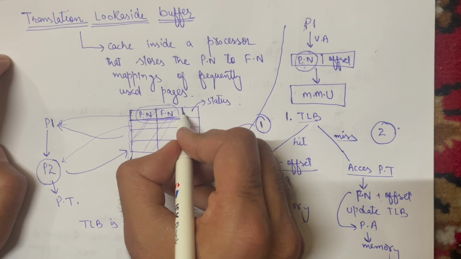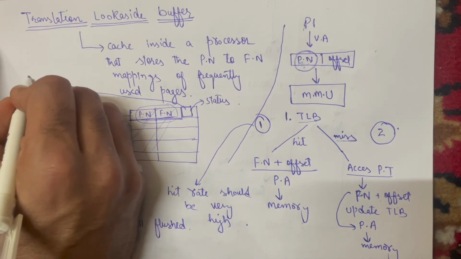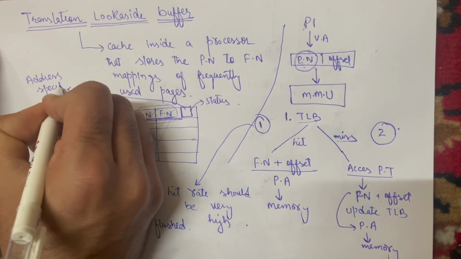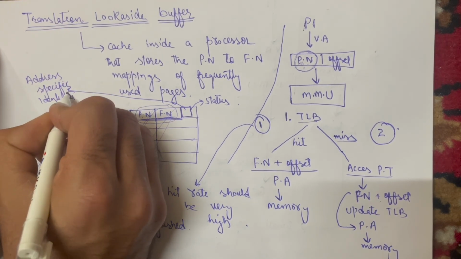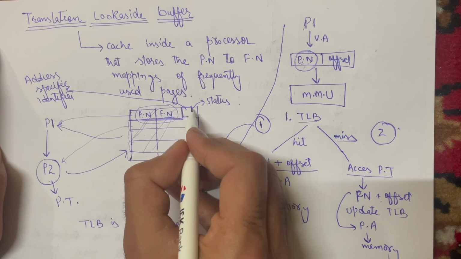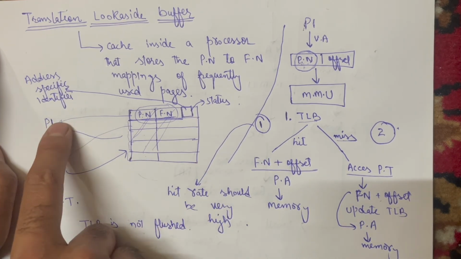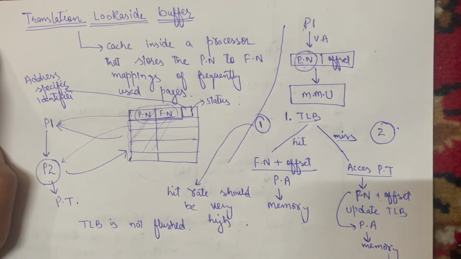So with every entry, we add another important piece of information that is called the address specific identifier. And that address specific identifier says to which process this particular entry belongs. And in that particular scenario, when we are making a context switch, we don't have to flush the TLB.